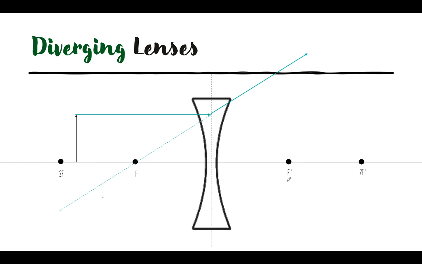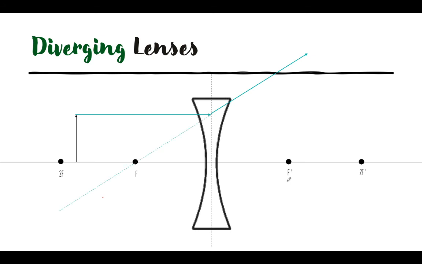Okay, so let me just go over that one more time. I'm going to start off at the top of my object until I hit the dotted line. And then I'm going to line up where that line hits the dotted line with my value of F and then draw a line.